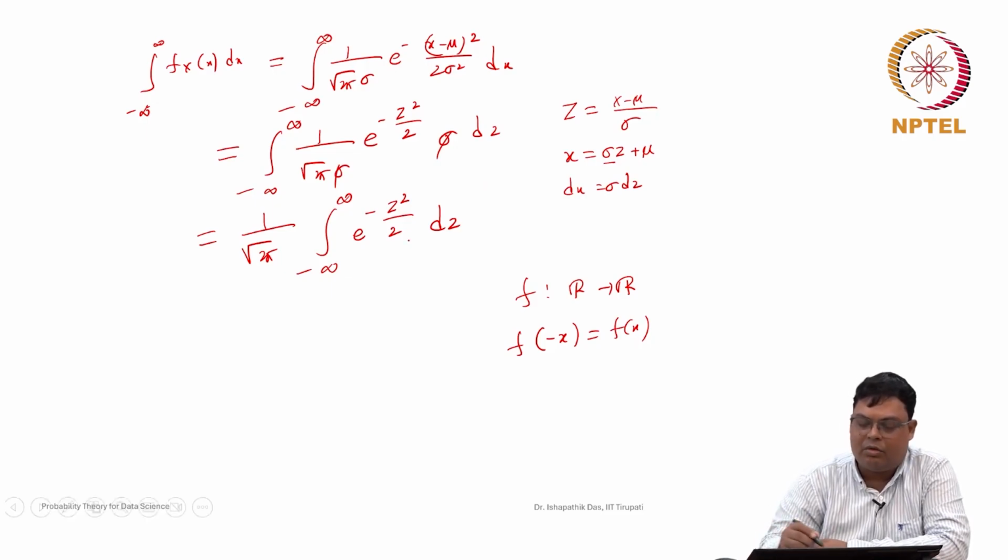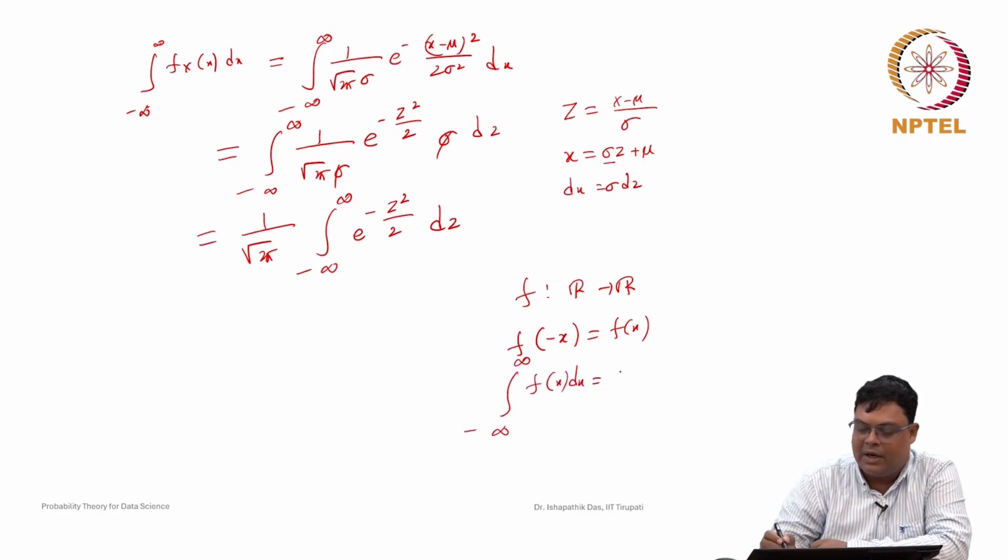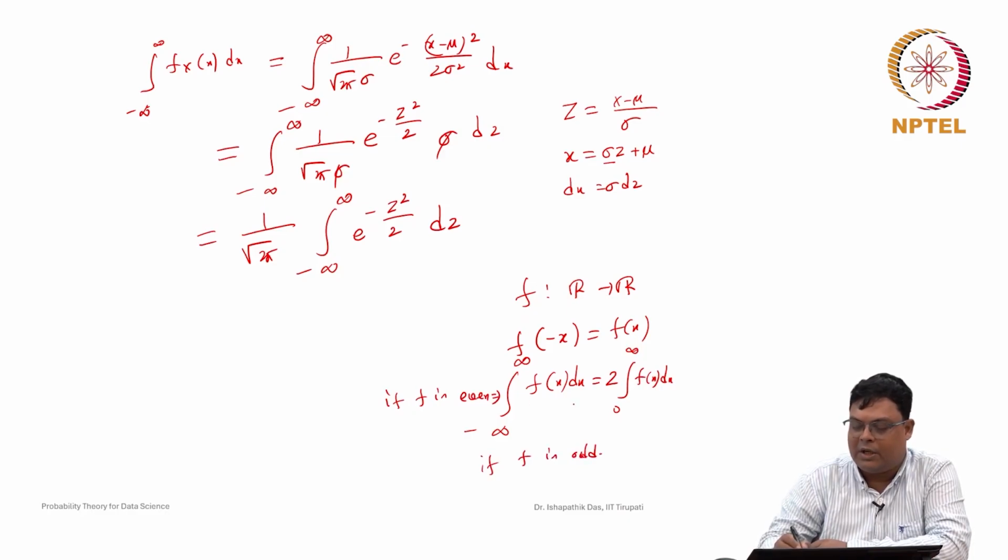Now, for an even function we know that integral from minus infinity to plus infinity of f x dx can be written as 2 into integral from 0 to infinity of f x dx. If it is an odd function, then the integral from minus infinity to plus infinity of f x dx is equal to 0.